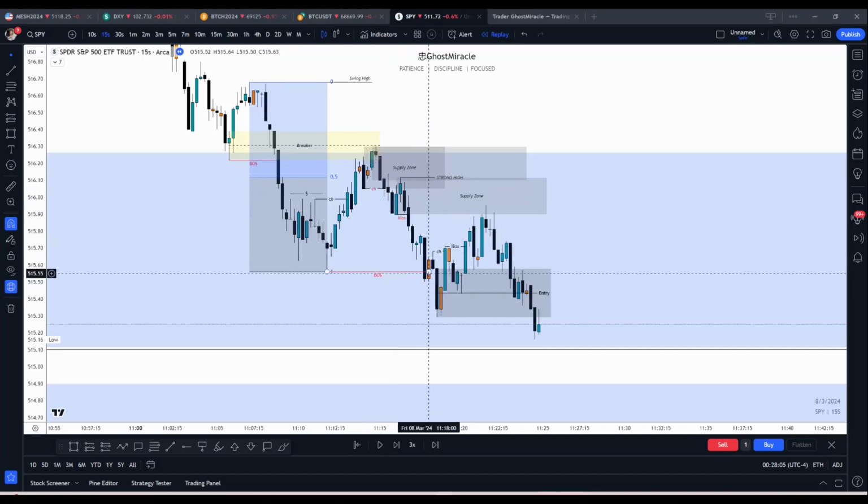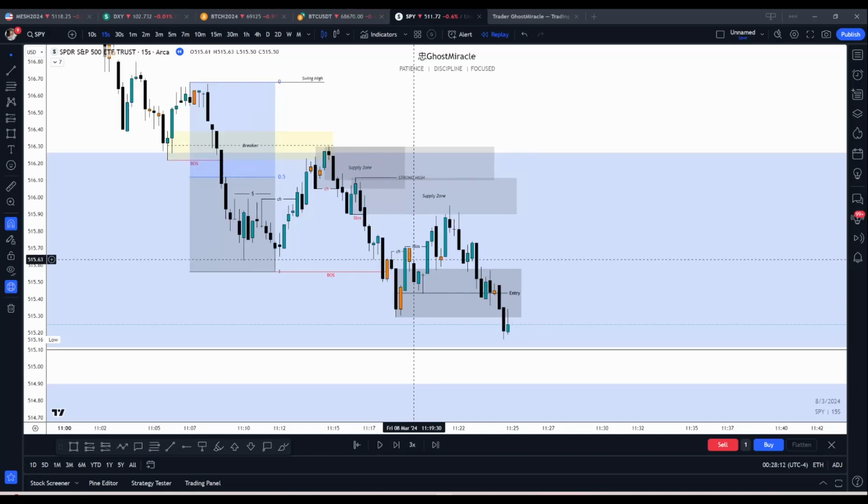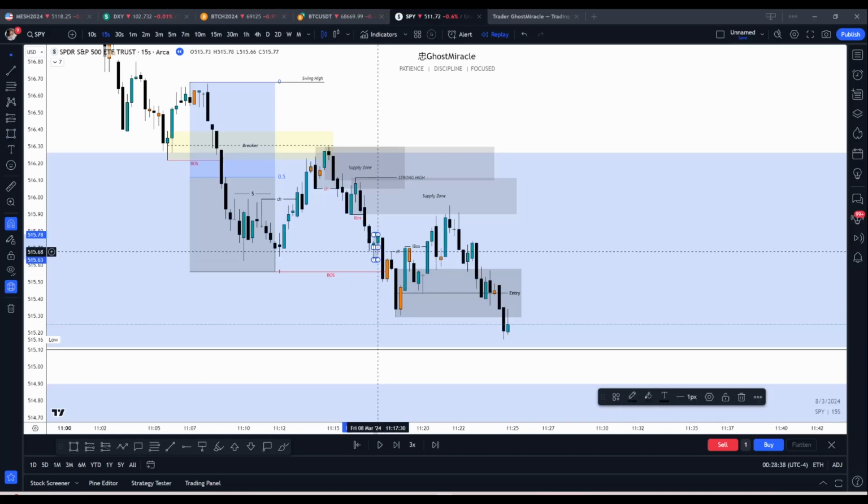So this pullback was responsible for breaking this low. I do see this little pullback here, but it's not much, right? It is the reason why price gave you your choch and then a nice retest, because it is a pullback. So that's why you got the reaction you were looking for.